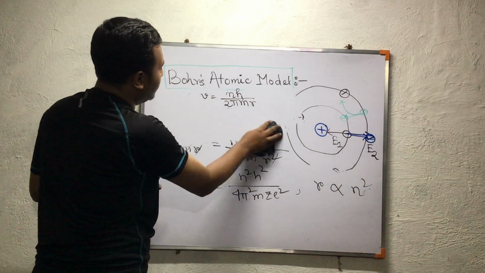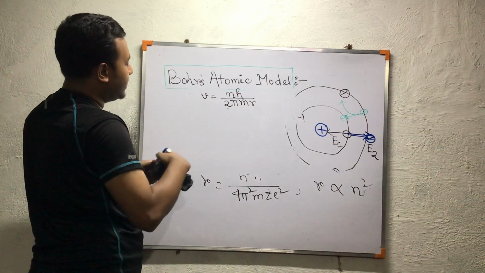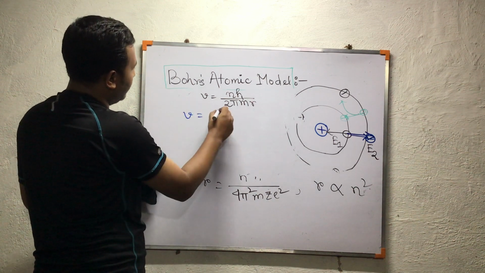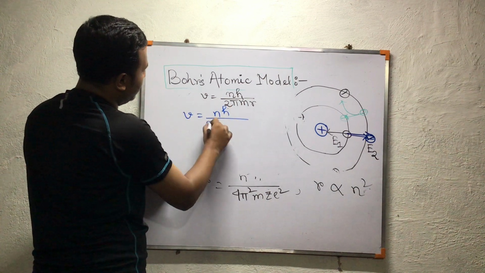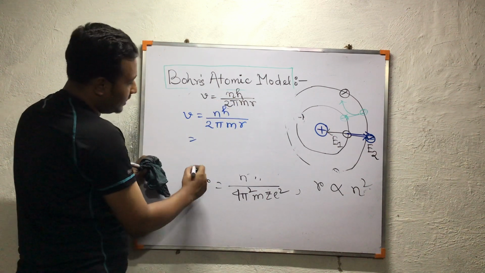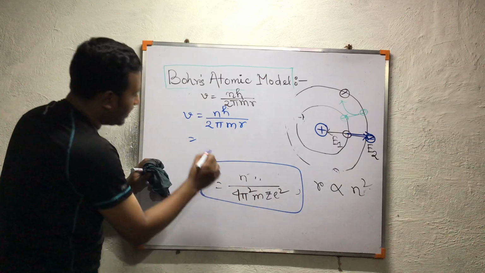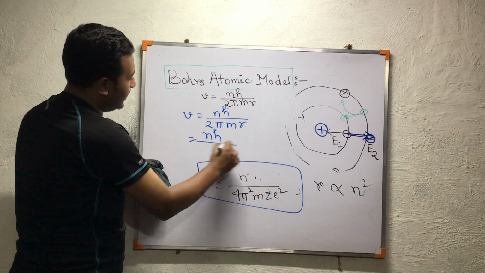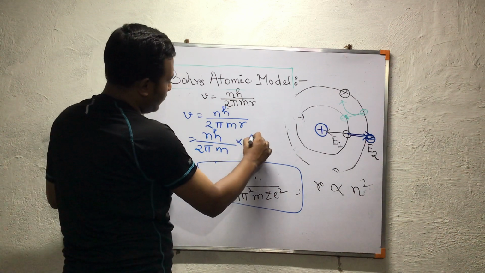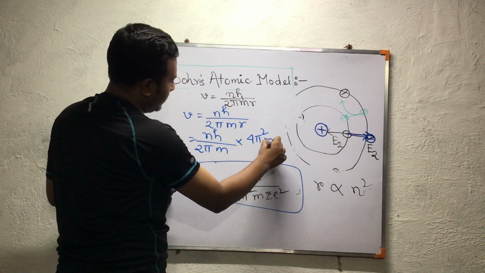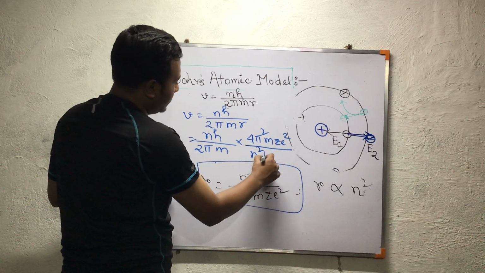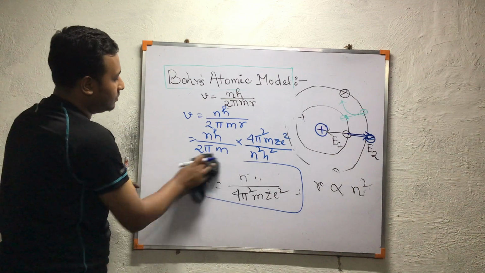So we put in the expression for r: nh divided by 2 pi m into 4 pi square m Z e square divided by n square h square.